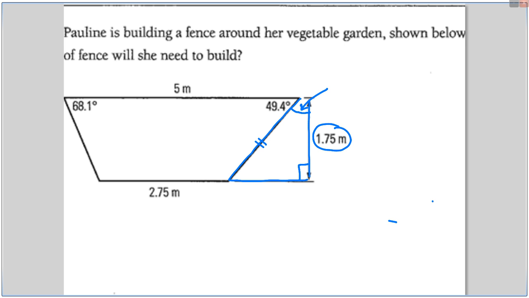No, no, no. If I just showed you supplementary, two angles that would add up to 180. It's 90 minus 49.4, because this is a right angle here, just like in the bottom here. So if a portion of it is 49.4, just subtract from 90 and you get that missing piece.